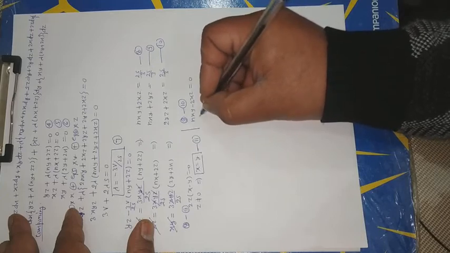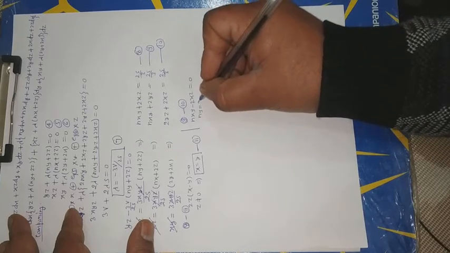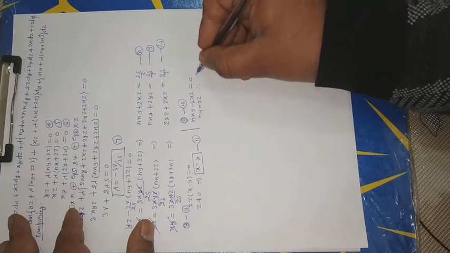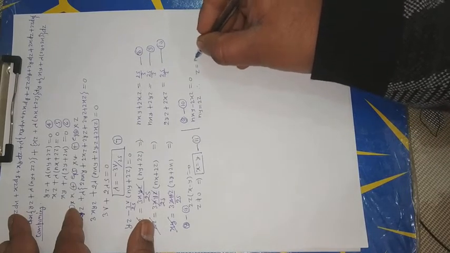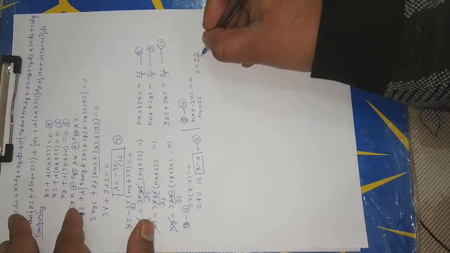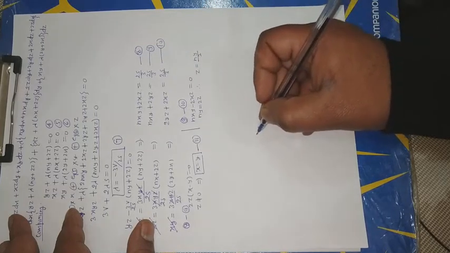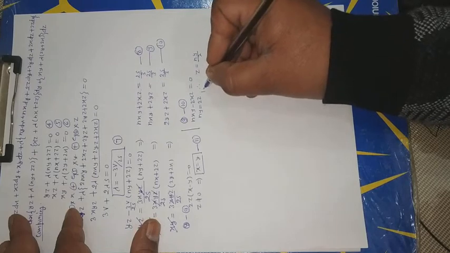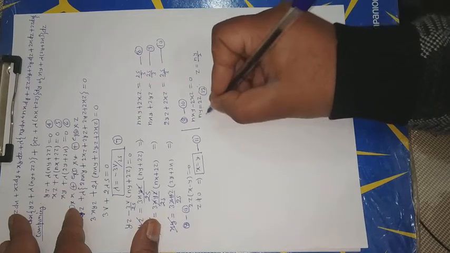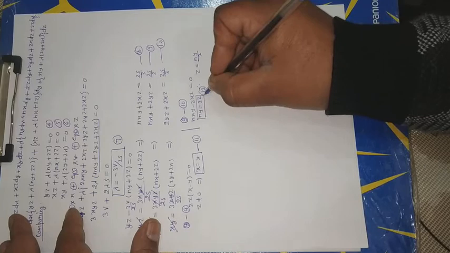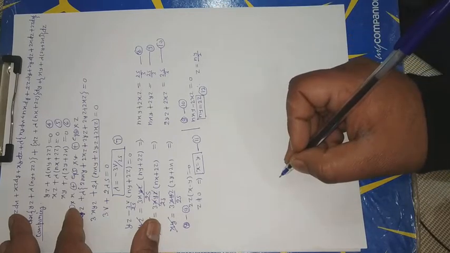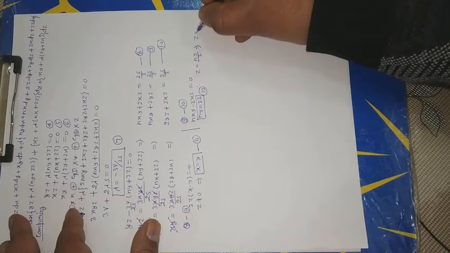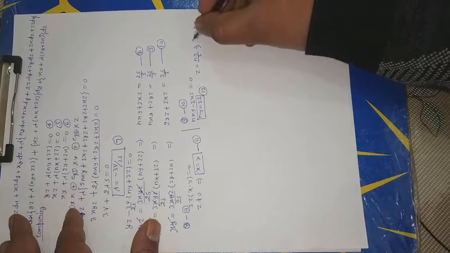Now ny is equal to 2z, that is z is equal to ny by 2. This is equation number 12. Okay, that is z is equal to nx by 2.